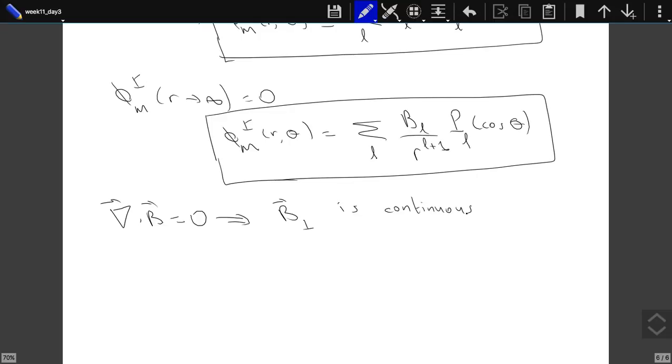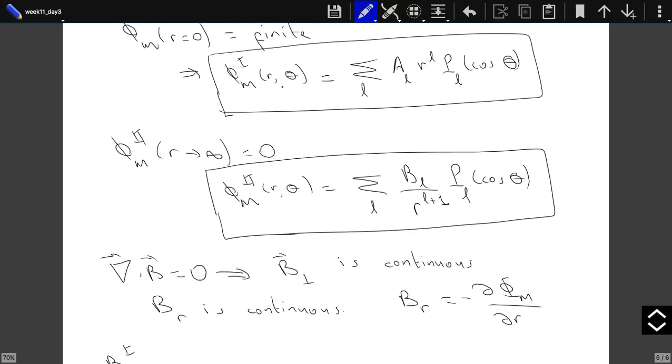Our problem is a sphere. The perpendicular component is the radial component. So this tells me that B_r is continuous. B_r is nothing but minus the derivative of phi_m with respect to r. This is the radial component of B. In region 1, the first line is my scalar potential.